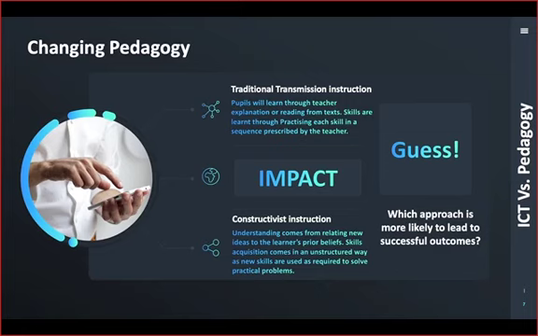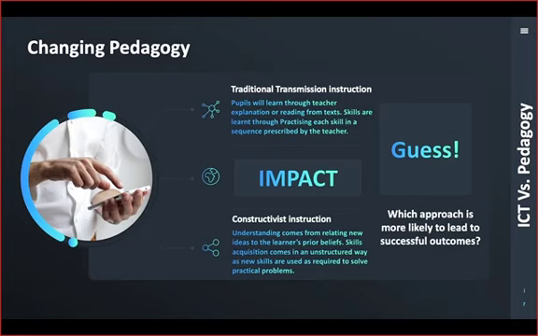So here we've got two main teaching methods and their effect on the way ICT is used in the lessons. The first one, up here, is the traditional transmission instruction, and the second one, down here, is the constructivist instruction. The traditional transmission, the TTI, assumes that pupils will learn through the teacher's explanation or reading from texts. The skills are learned through practicing, and each skill is a sequence prescribed by the teacher.